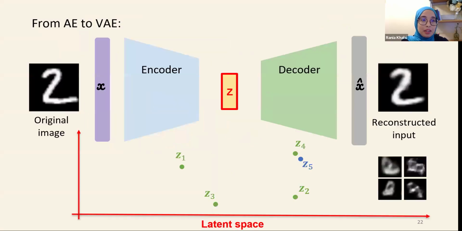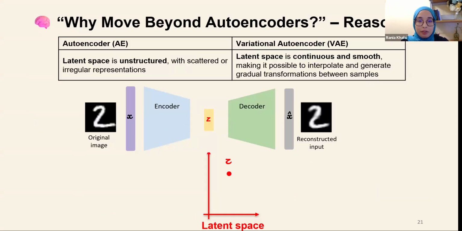Let's break this down, and focus on this little example. Before moving to variational autoencoders, let's look at the typical autoencoder, where, as we mentioned, there is a problem: the latent space is unstructured, with scattered or irregular representation.